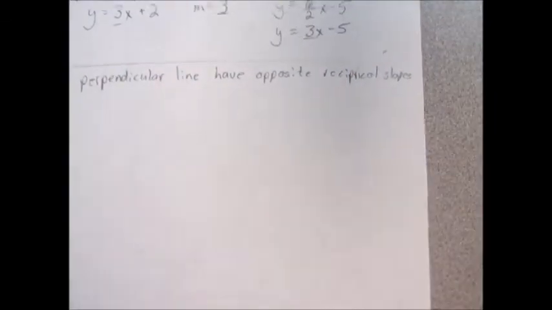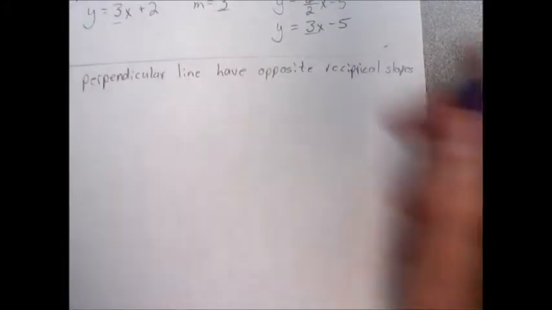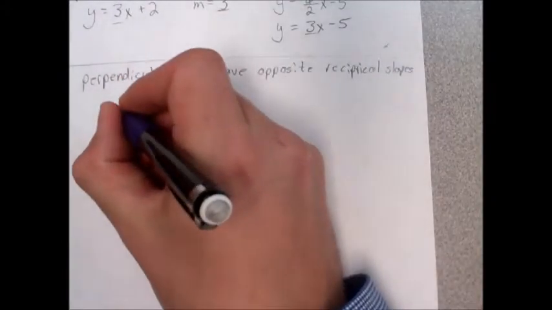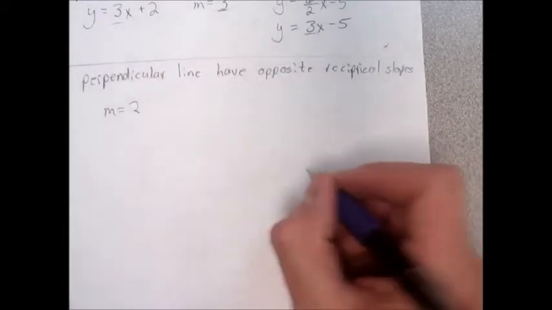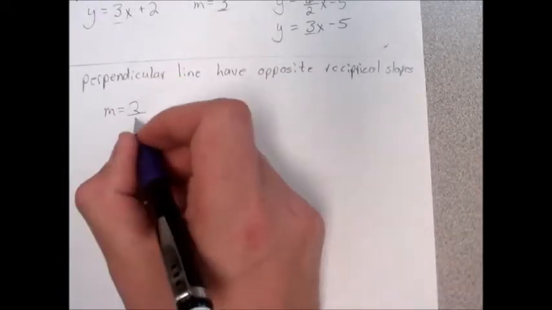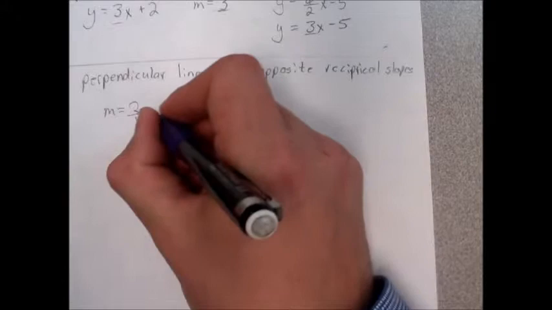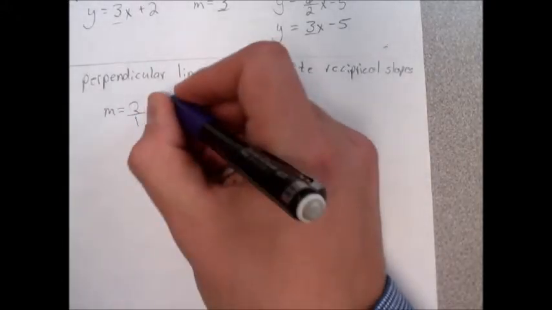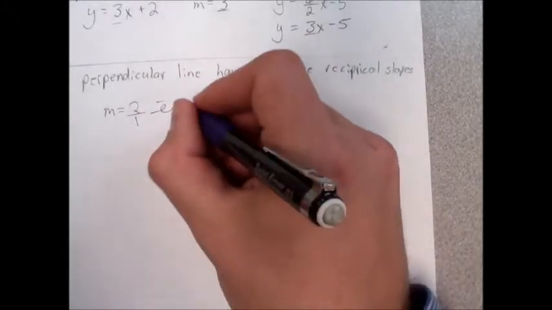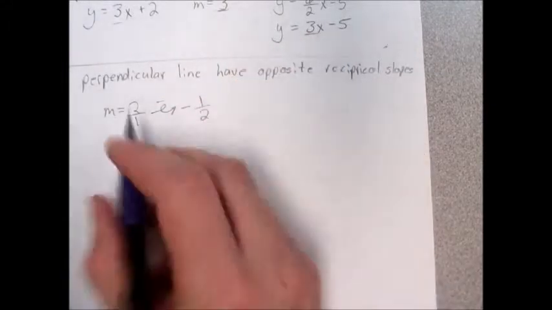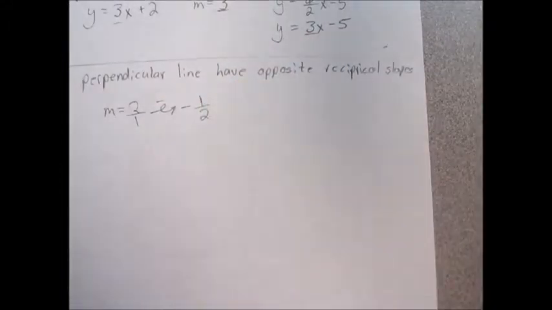Okay, reciprocal, opposite reciprocal. So to give you a definition of what that really means, if my slope is 2, remember that 2 is really rise over run, rise 2, run 1. So to make it an opposite reciprocal, I would basically give it a negative, and it would be negative 1/2. So I'm flipping it and making it negative in this case.